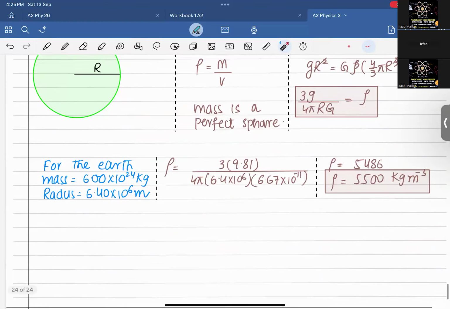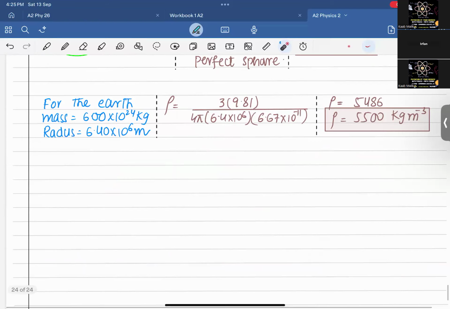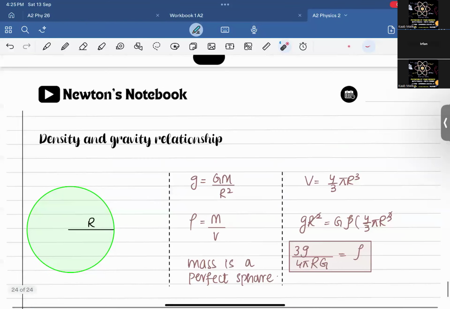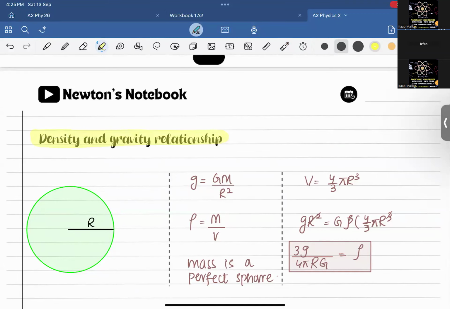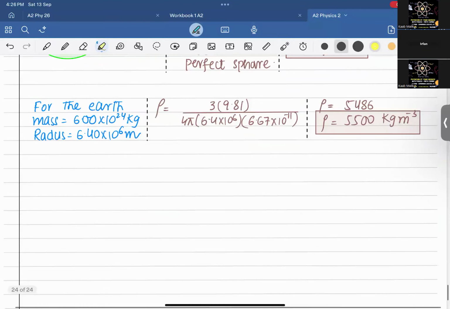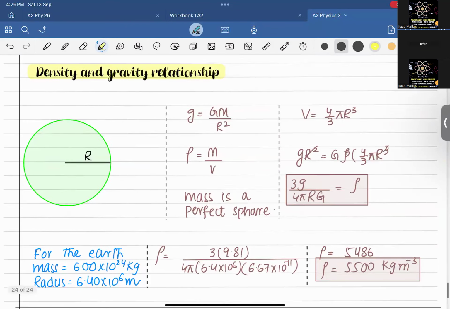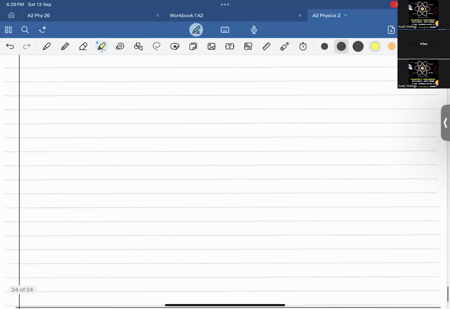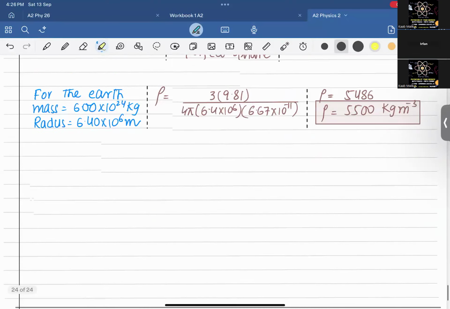Clear? Fine. So this is the relationship of the density. They sometimes give you the density relationship question in the exam and ask you to compare the value.